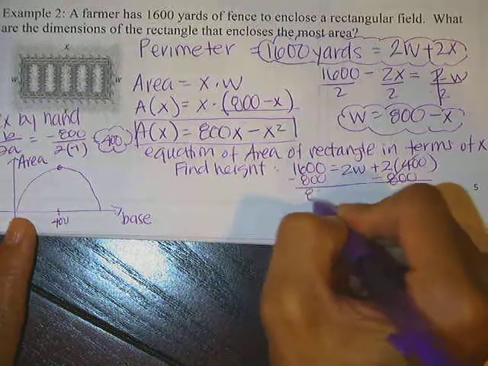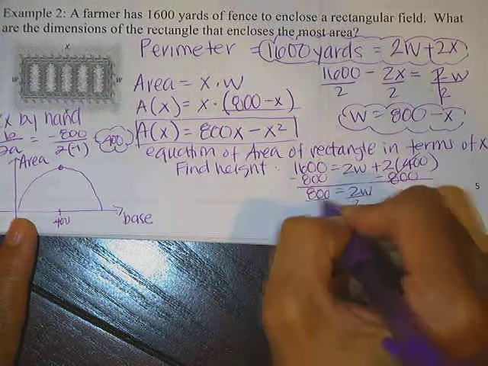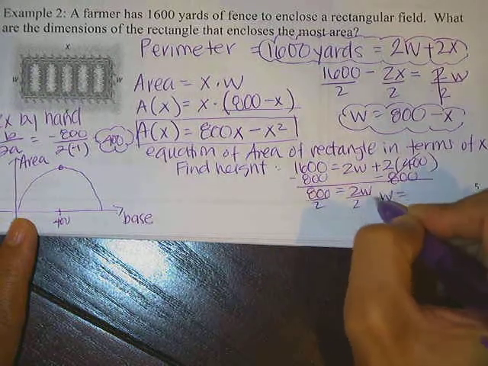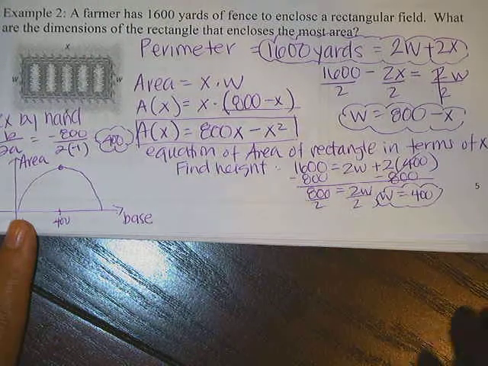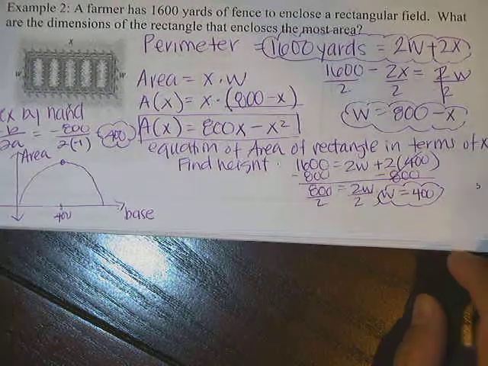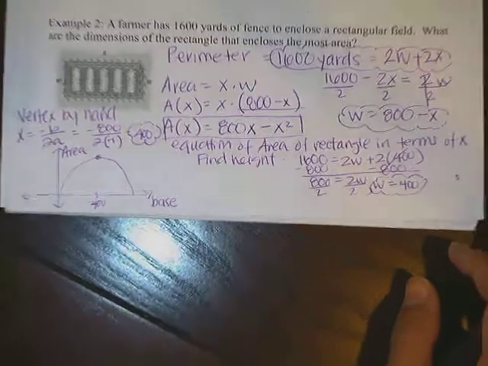That's going to be 800 equals 2w, and divide both sides by 2. w is going to be 400. So the dimensions of this rectangle are 400 by 400.